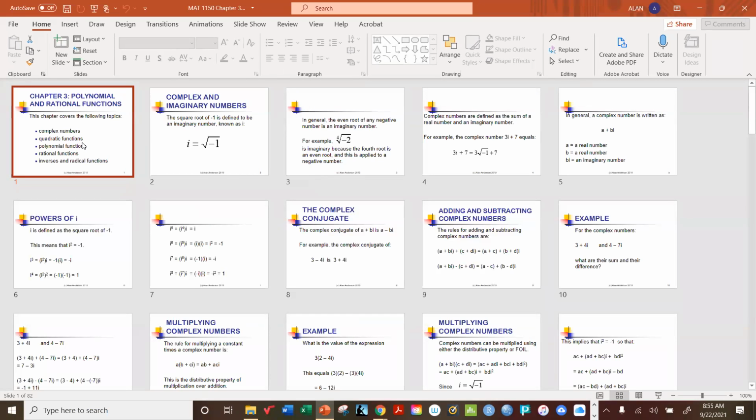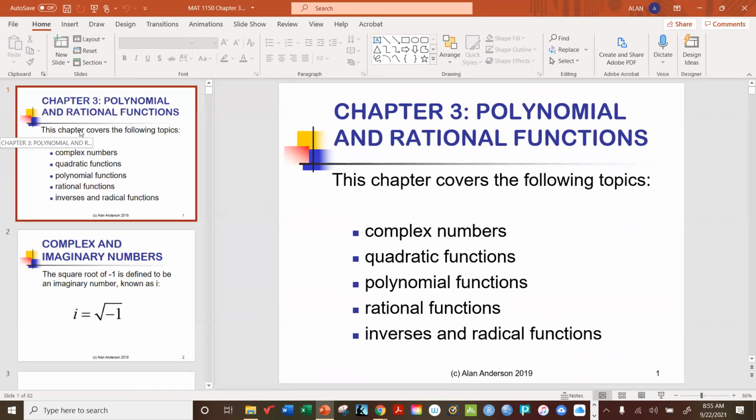We're going to start with a look at imaginary numbers, because they may show up as solutions to these types of functions. And so we'd like to learn some very basic algebraic techniques for dealing with imaginary numbers.